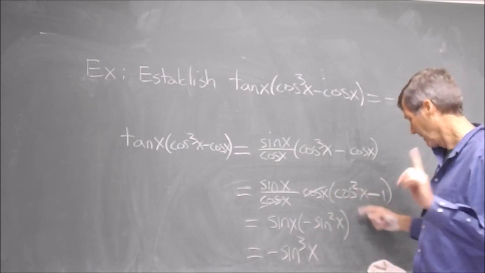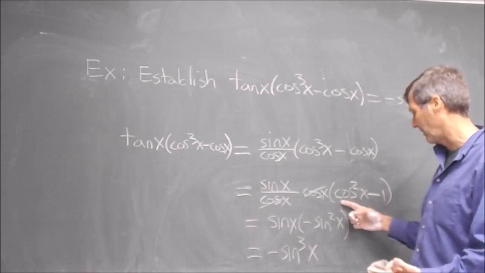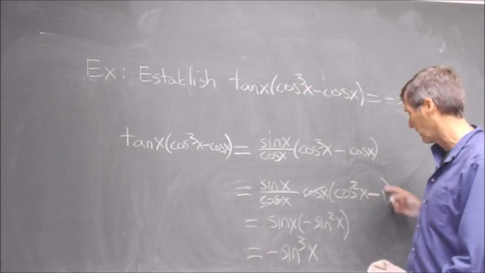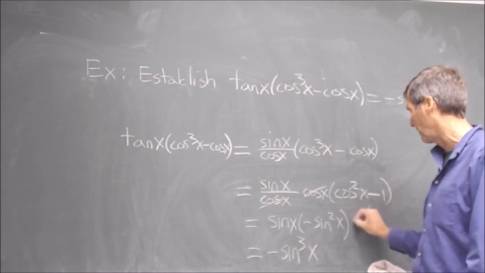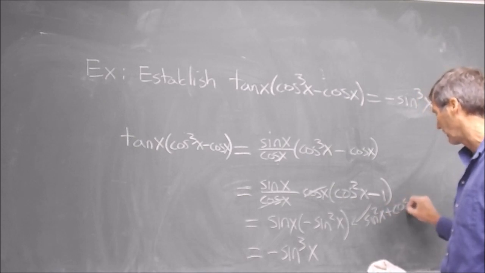But wait, remember sine squared plus cosine squared equals 1. If you solve that, you find out that actually minus sine squared is equal to cosine squared minus 1. So this step is by the Pythagorean identity that sine squared plus cosine squared equals 1.